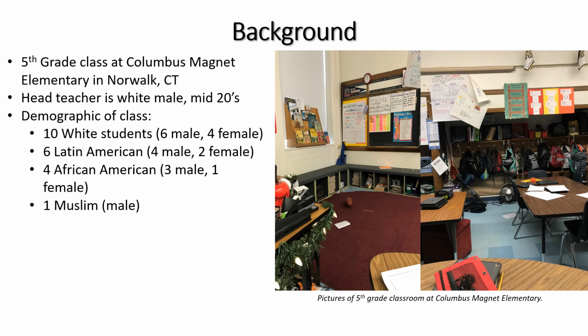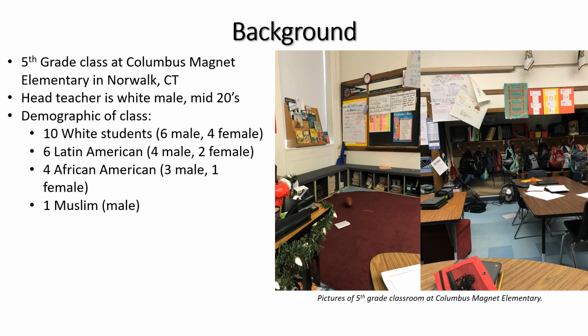Each table had about 4 chairs, so there were 4 students per table. If you notice on that table there's an orange ball. One of the students is, I believe, on the spectrum, and he can't sit still. So what the teacher did was give him this ball when he feels a little antsy, so he kind of lets it all out by throwing it up and down.